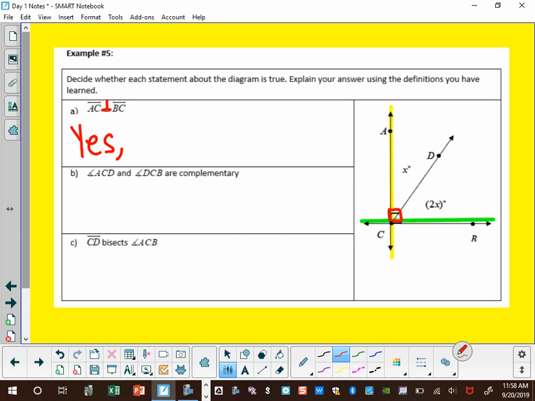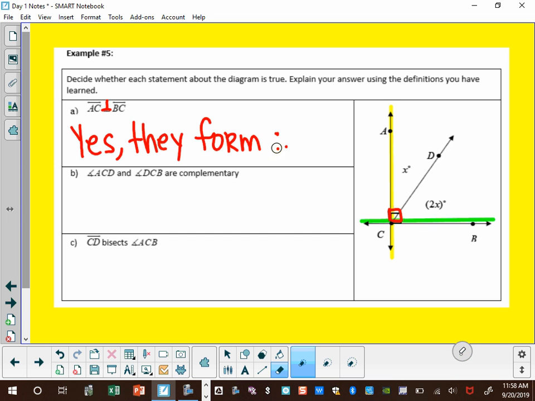The way that I know is because the two angles they form make a right angle. Okay, that's how we know.